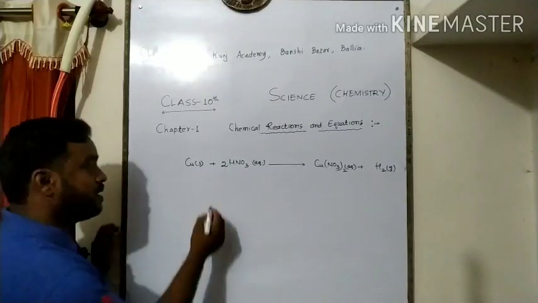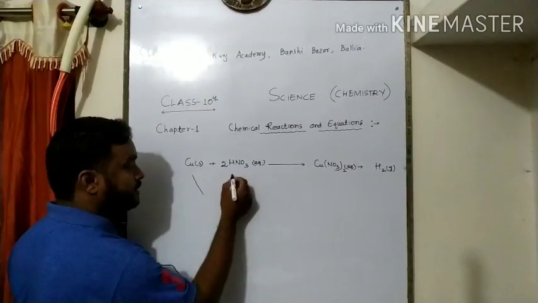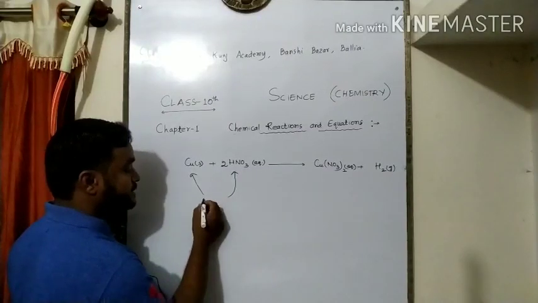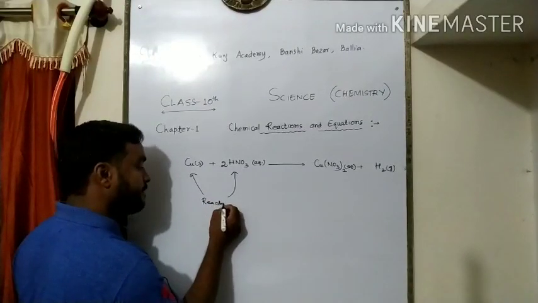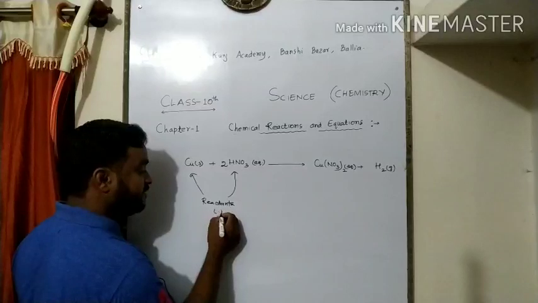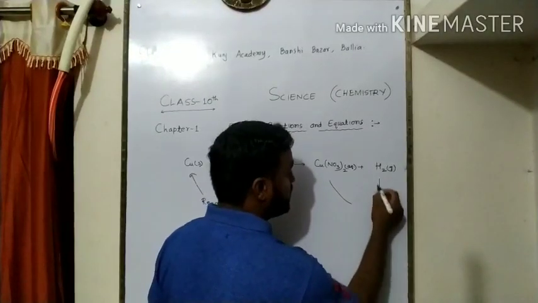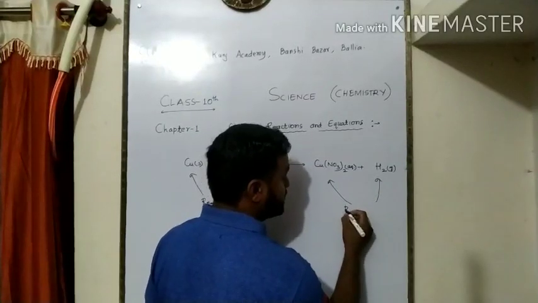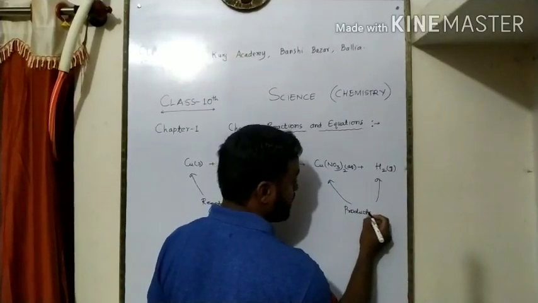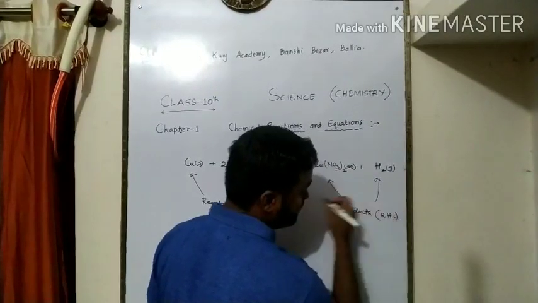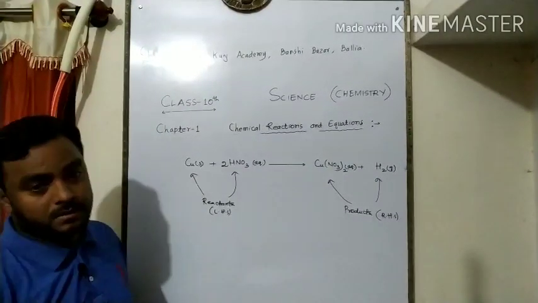So here copper and nitric acid are the reactants, placed on the left hand side. And here copper nitrate and hydrogen are your products, which are present on the right hand side. So this is very important.